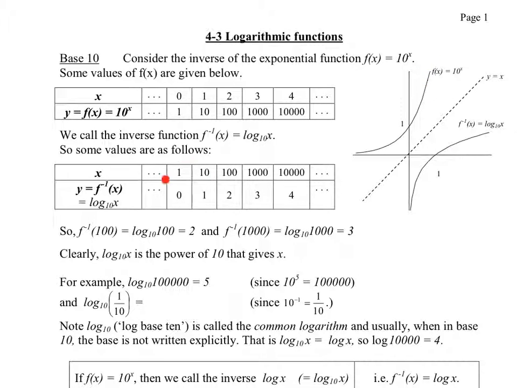If you graphed these points, 1, 0, 10, 1, 100, 2, we would get this graph over here. This would be the inverse of this, because it's reflected in y equals x. So this graph here is the graph of y equals log base 10 of x. Just think of it as being the inverse of 10 to the power of x.